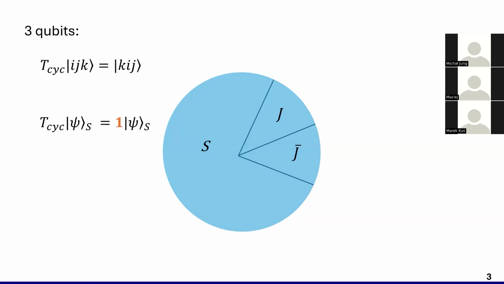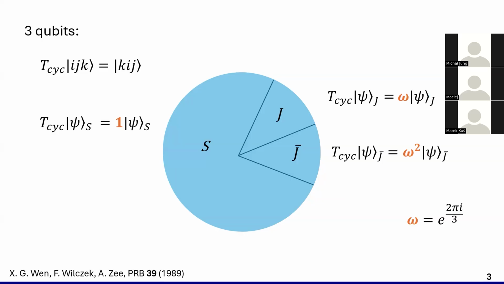Now if we apply the operator T to a symmetric state, we find that it is invariant under this operation, which means it has the eigenvalue 1. But we can find that T has two more eigenvalues, which are given by the phase omega, which is e to the i pi over 3. The eigenvectors belonging to these eigenvalues are the chiral symmetric states.